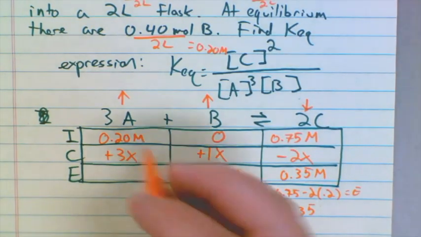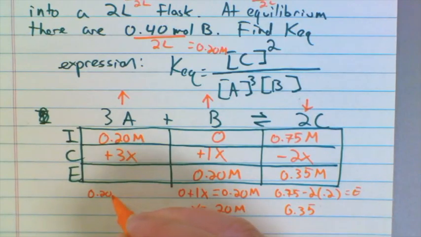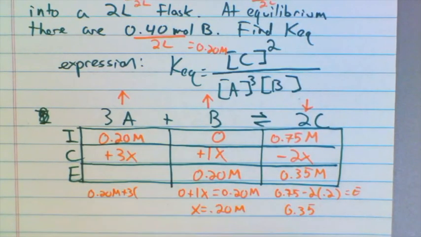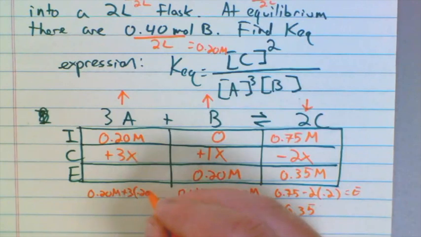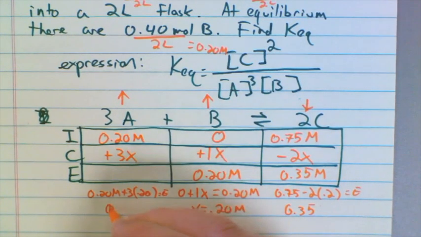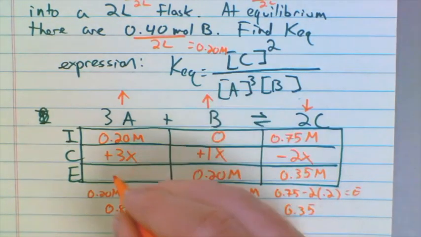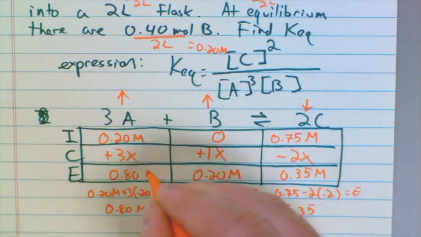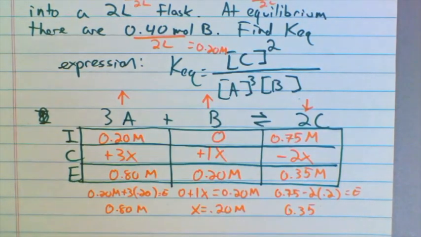And over here, we've got 0.20 molarity plus 3x, and that gets us 0.8. Does it say equal to E? Yeah, I just put it equal to E. It's giving us the equilibrium concentration. You don't have to put that on there.